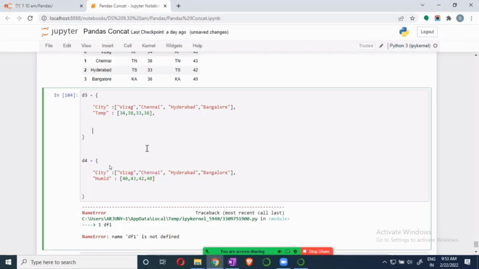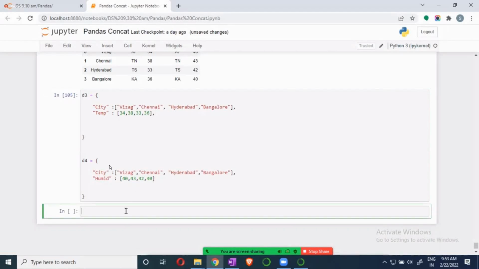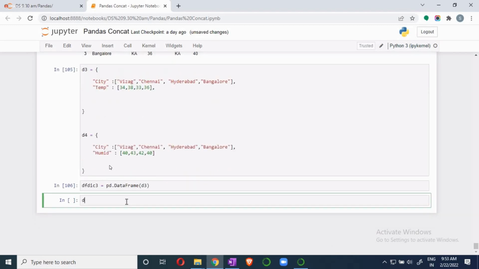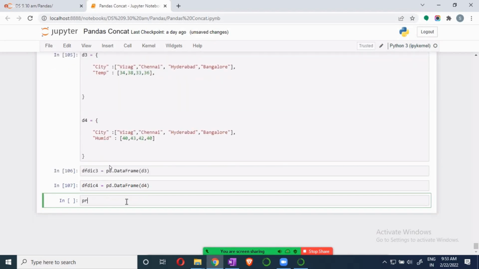Now let me run this one, and I will give pd.DataFrame d3. I will give the name as df dictionary 3. Df dictionary 4 is equals to pd.DataFrame d4. Now let me print them.